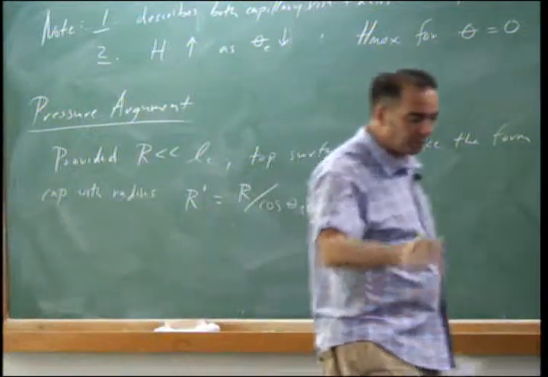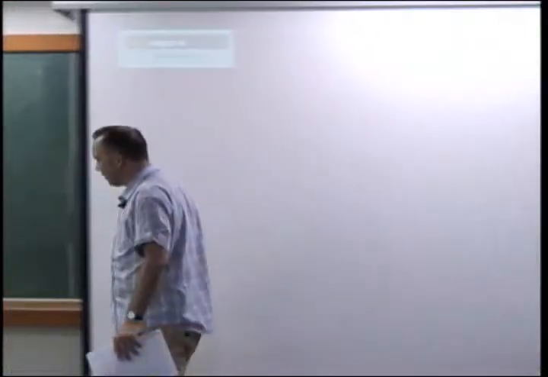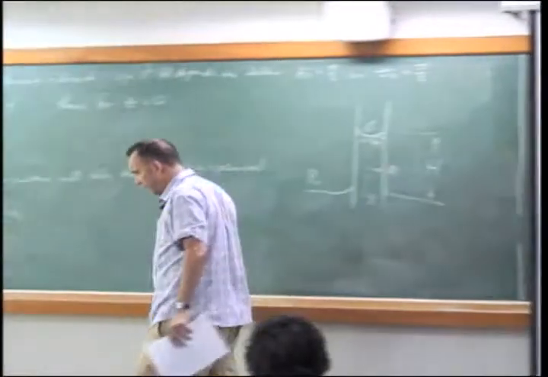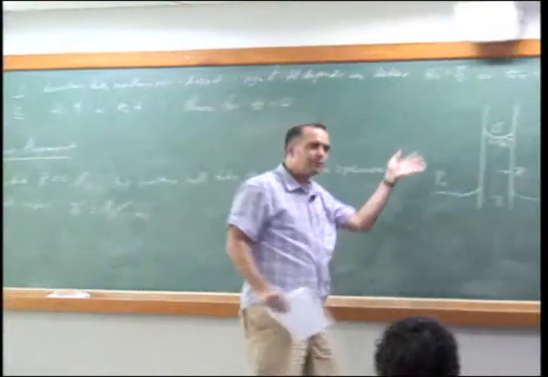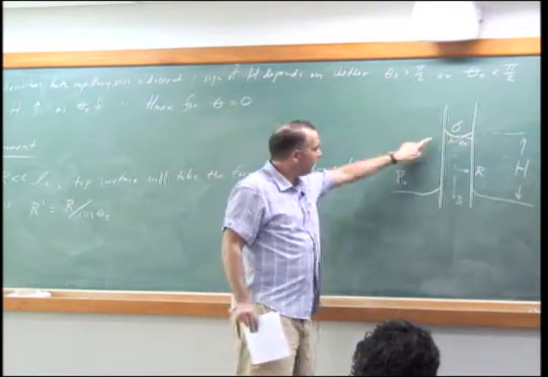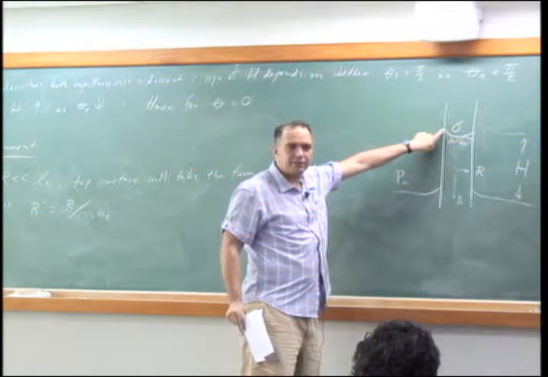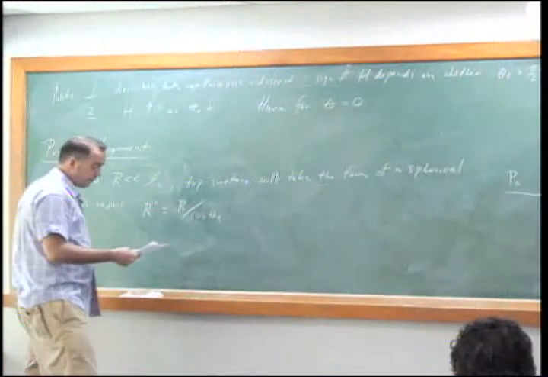So if the top surface is much less than the capillary length, that is saying that gravity doesn't come into play. If gravity comes into play, then you have to consider its influence on the shape. But if not, it's basically going to act to minimize the surface energy. So you're basically going to get the portion of a spherical cap which has the right contact angle. Okay? And so that gives you this result for the radius of curvature.